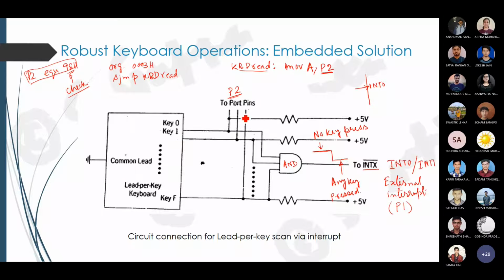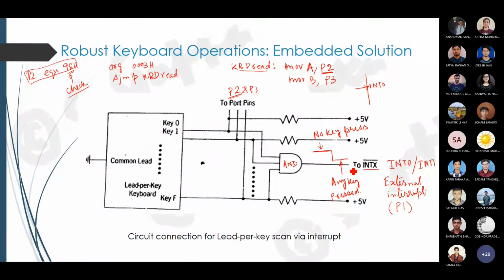Or we can arrange in a certain way that it can be read in 8 ports. Okay, so it's then P2 and P3. And so you can move B from P3, and then you can go for finding what key is pressed, which one is pressed.